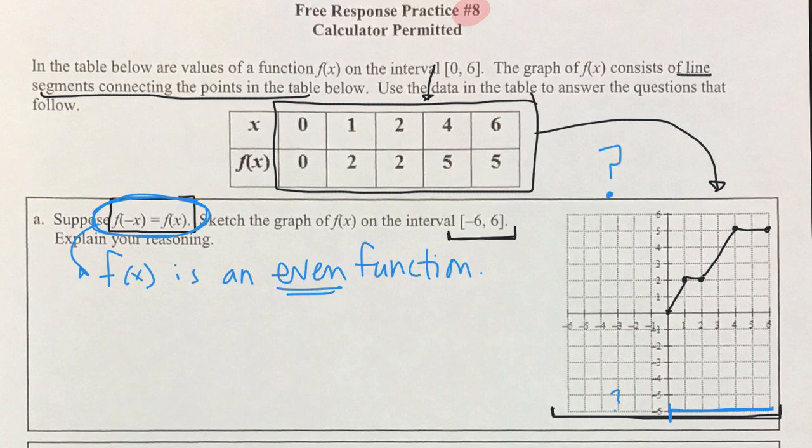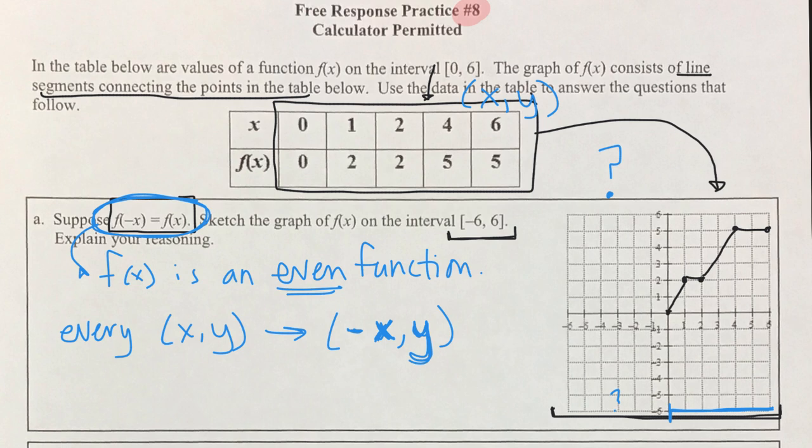And because it is an even function, every point on your graph, every x comma y value, and that's what all these are, these are x comma y values, every xy has a friend called -x comma y, which means our graph is also y-axis symmetrical. It has symmetry across the y-axis.